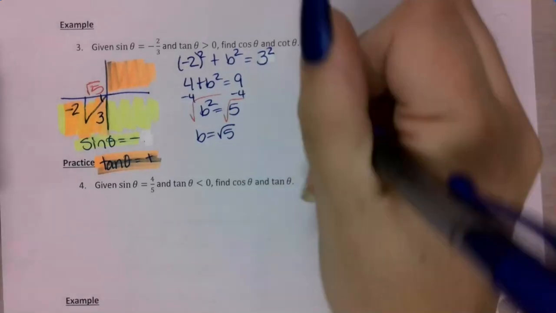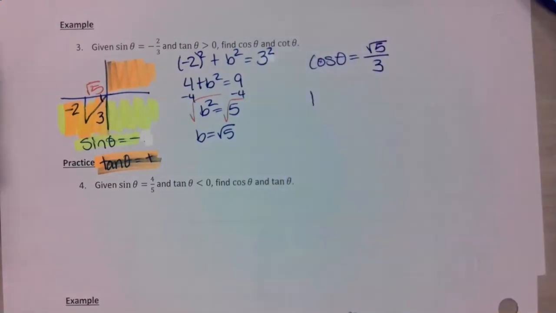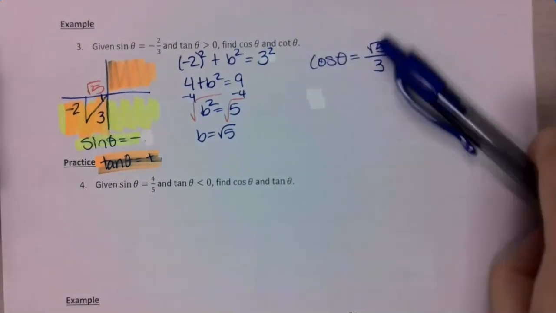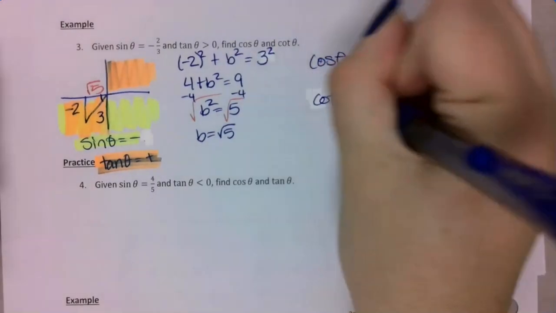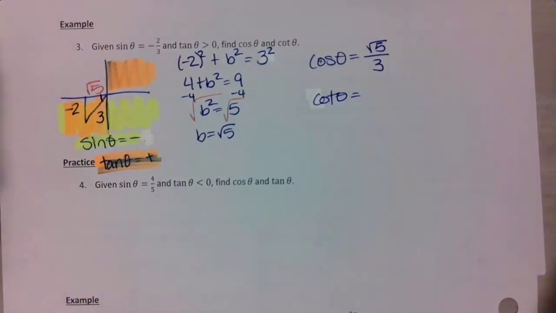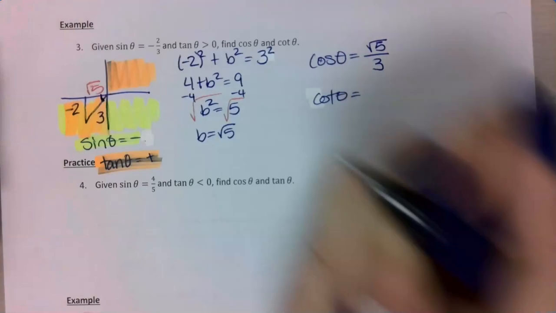Okay. And then the other one is cotangent of theta that it wants me to find. So cotangent is, it's always the one closest to the origin.